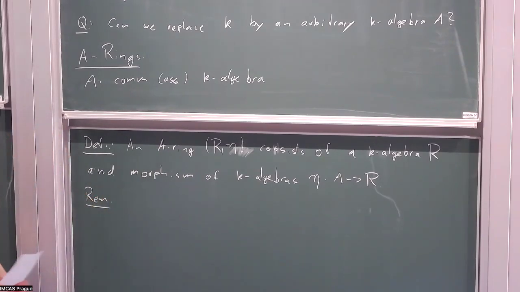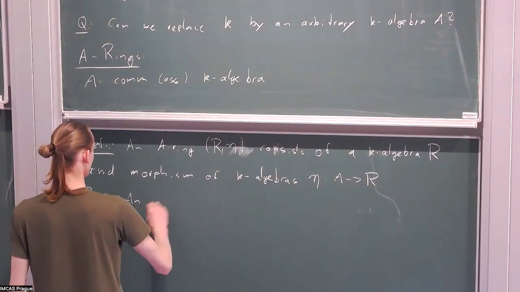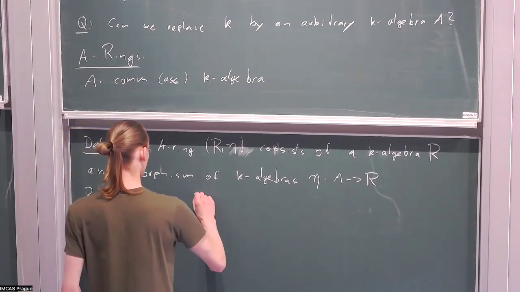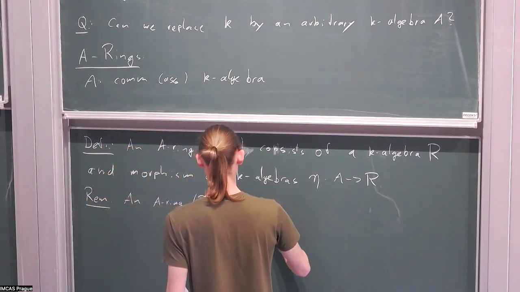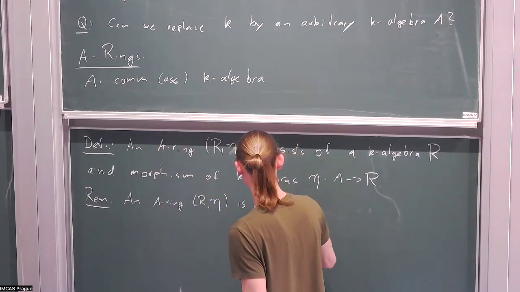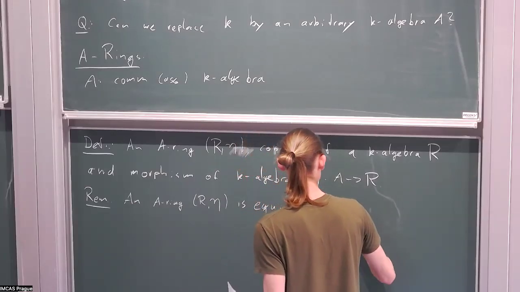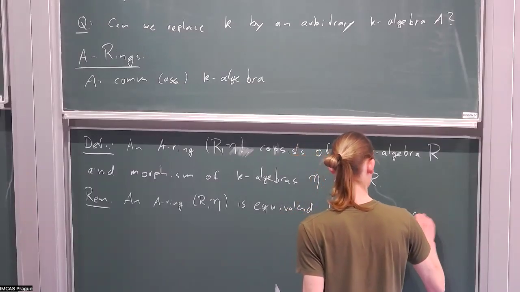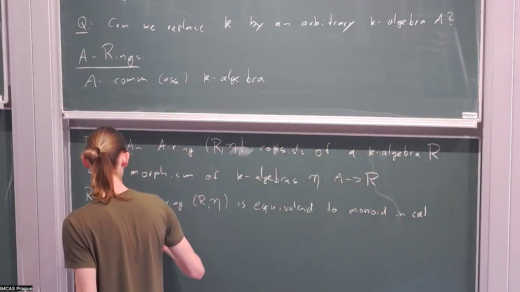And a remark on this definition: the datum of an A ring (R, eta) is equivalent to a monoid in the category of A-A bimodules.